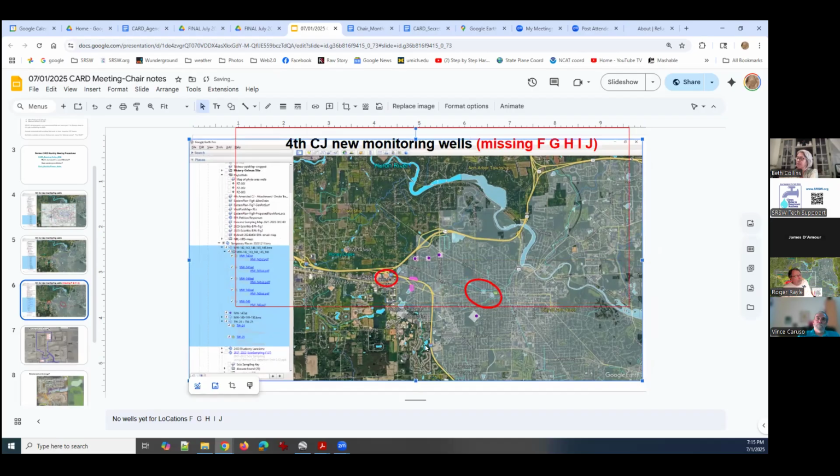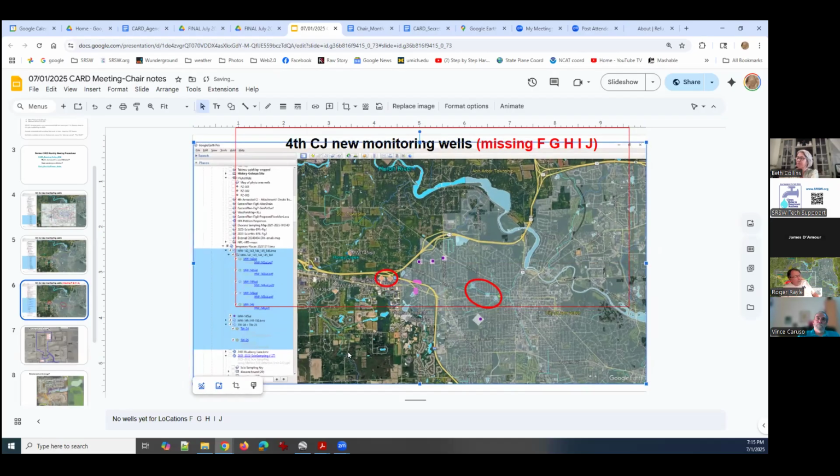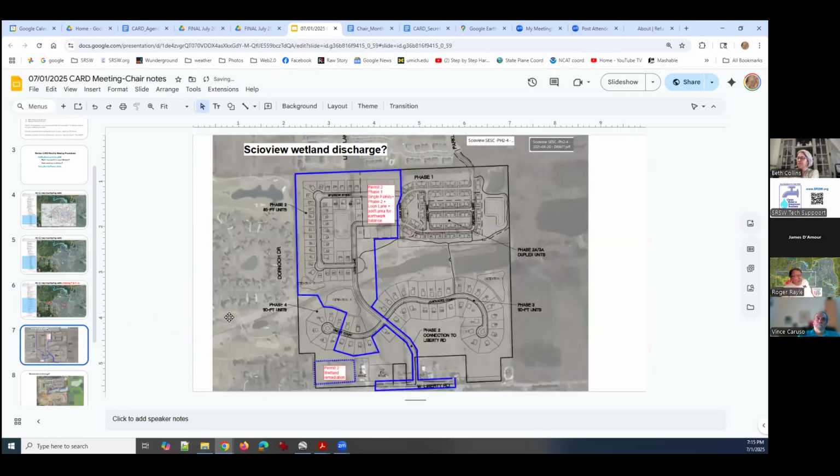This is the Scioto View development, the old Smith property. Apparently there's one little corner of it where there's a permit for wetland remediation.